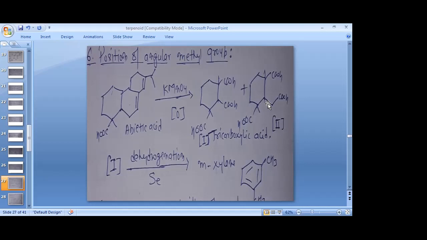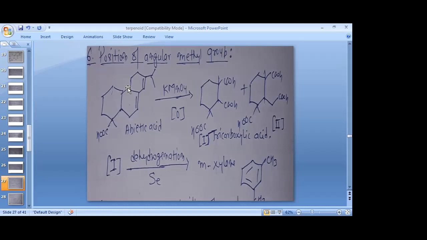Because during this reaction there is degradation of this cyclic compound, but not of the cyclic part or substituted group. So the methyl group at the position of 10 and at the position of 1 remains as it is.